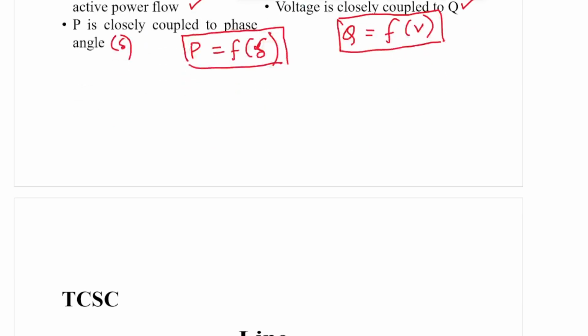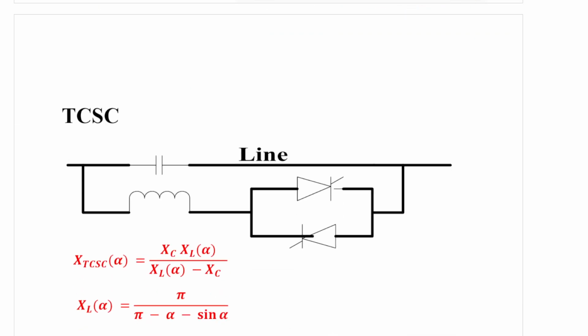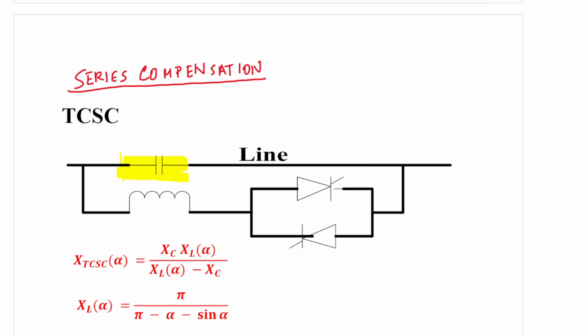Now let us first consider the first case of a series compensation, which is called TCSC. This is an example of series compensation. Now this is the series capacitor connected in series with the line.